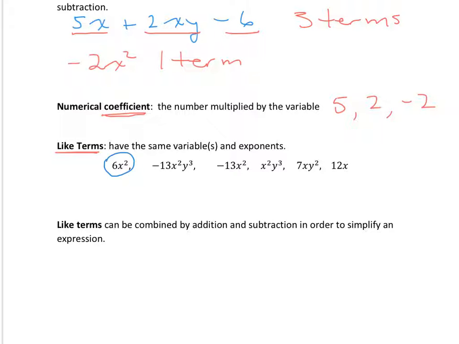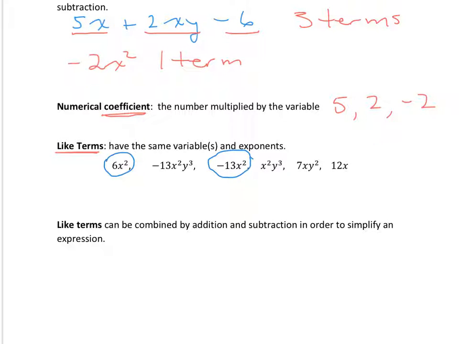And although there's an x squared in a number of them, because they also have a y cubed, or here there's an x and a y squared, they are not like terms. The only term like the 6x squared is the negative 13x squared. All of the variable parts and all of the exponents have to be identical.